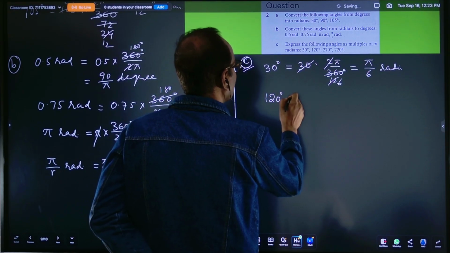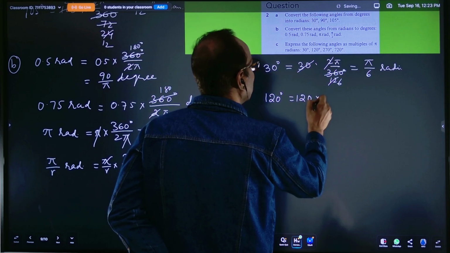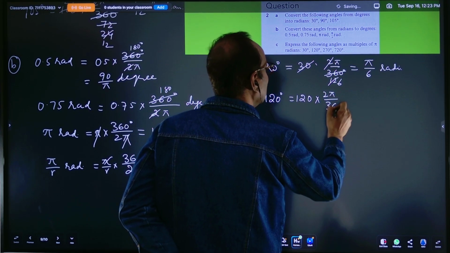120 degree: simply multiply 2 pi by 360.